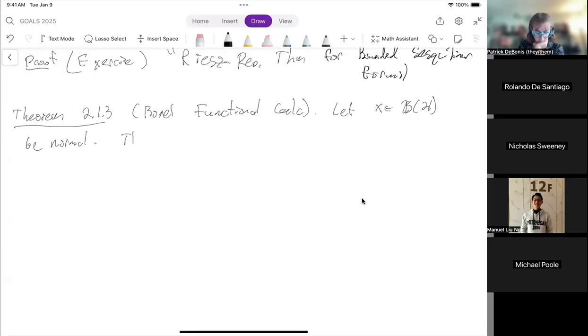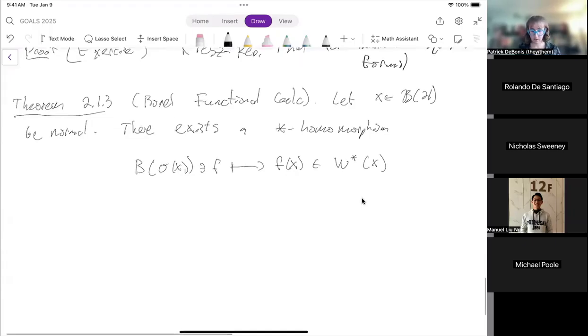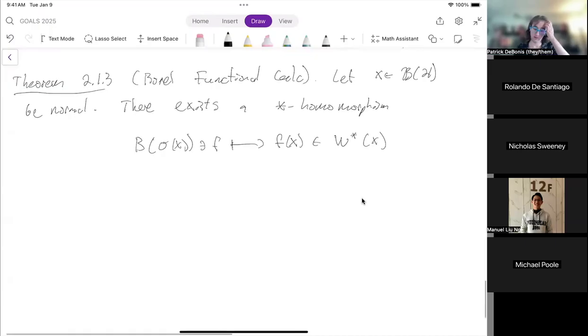Then there exists a star homomorphism from the bounded Borel functions on the spectrum of that operator to an operator which is a Borel function of this operator, and it will be exactly inside the von Neumann algebra generated by that operator X. Okay, so let's prove it.